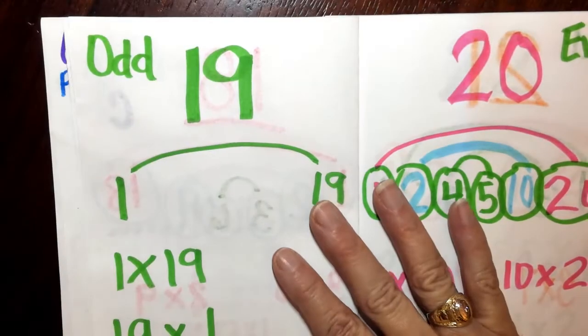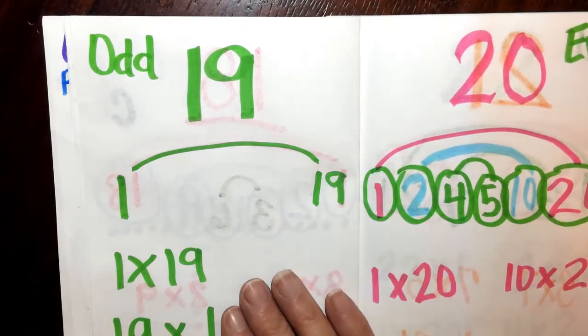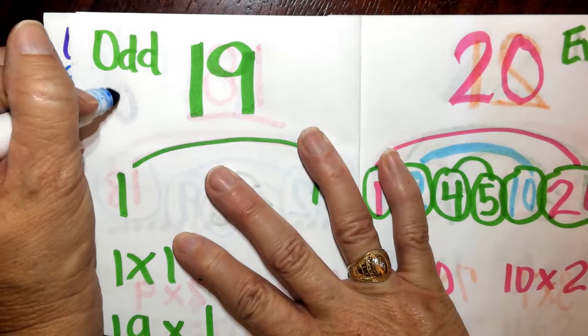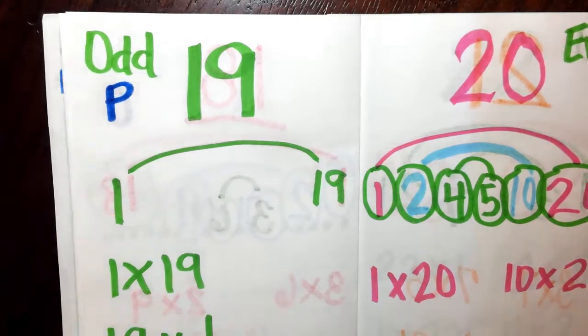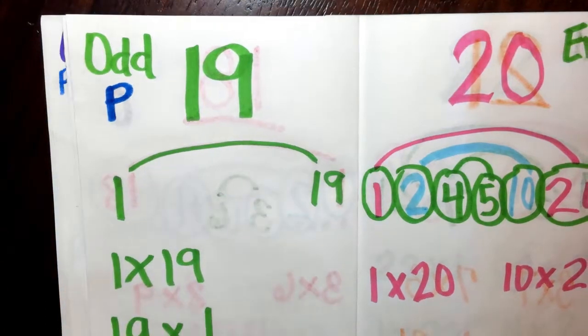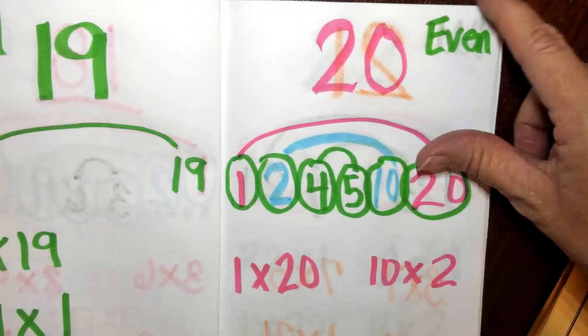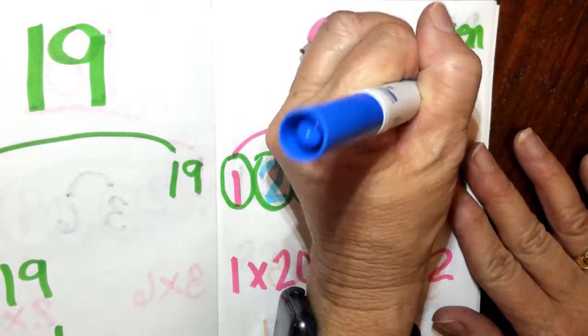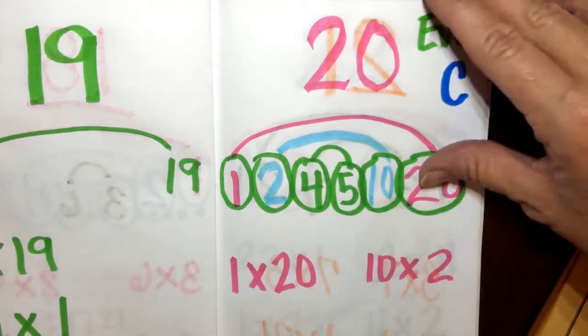Moving on over to the number 19, only two factors, so that one is going to be prime. Flipping on over to the number 20, so many factors, again we are composite.